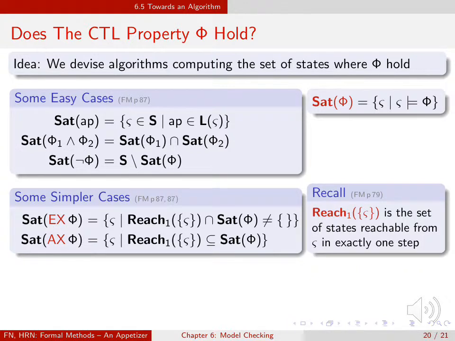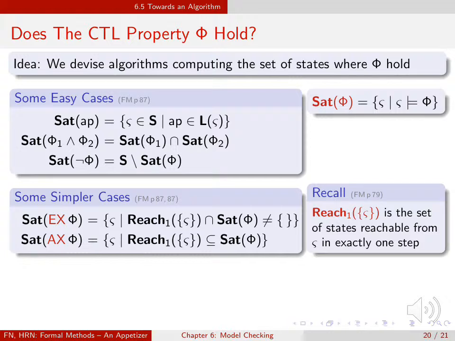Also, the formulae reachable in one step are fairly easy to deal with given our simplifying assumptions. Recall that reach 1 expresses the set of states that are reachable in one step, starting from a state in the argument to reach 1.